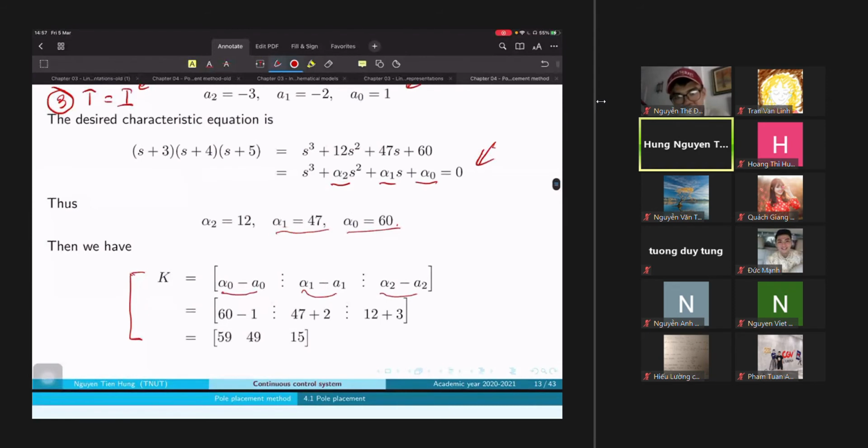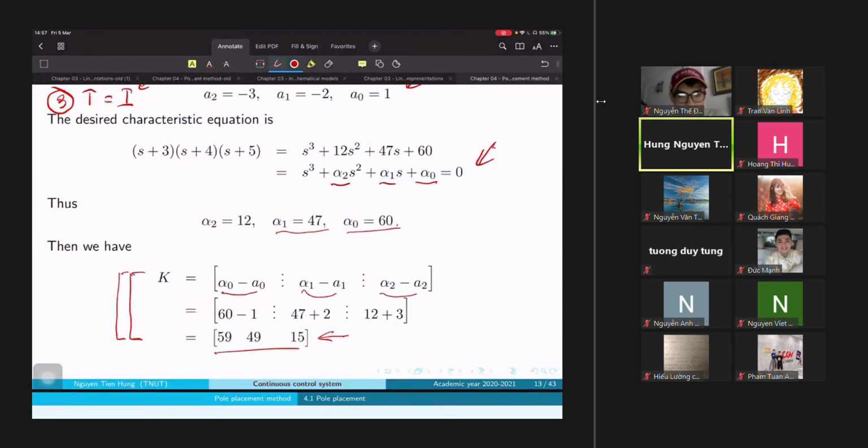We already know that a naught is 1, a1 is minus 2, and a2 is minus 3. This is the gain matrix K, like this.